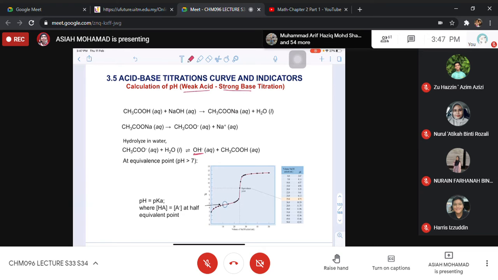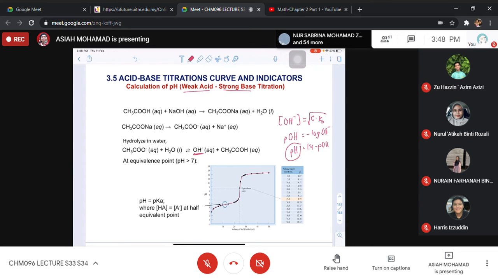When you have a basic salt, to calculate pH you use OH minus. So you get pOH first, then you get pH. OH minus is of course square root C times Kb, then pOH is negative log OH minus, and then you calculate 14 minus pOH to get the pH value.